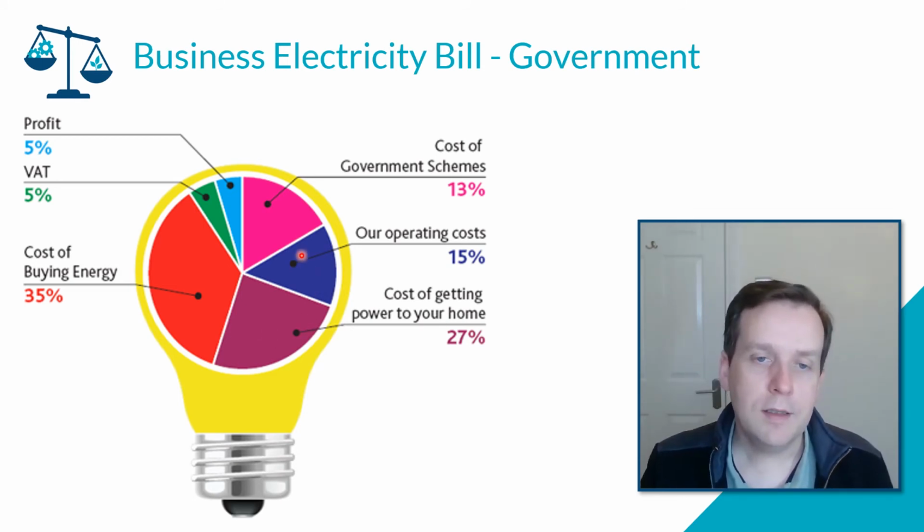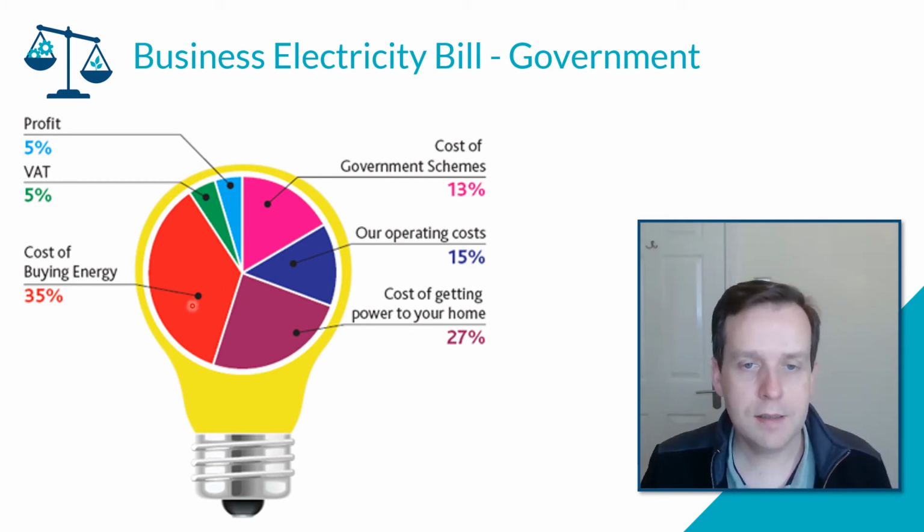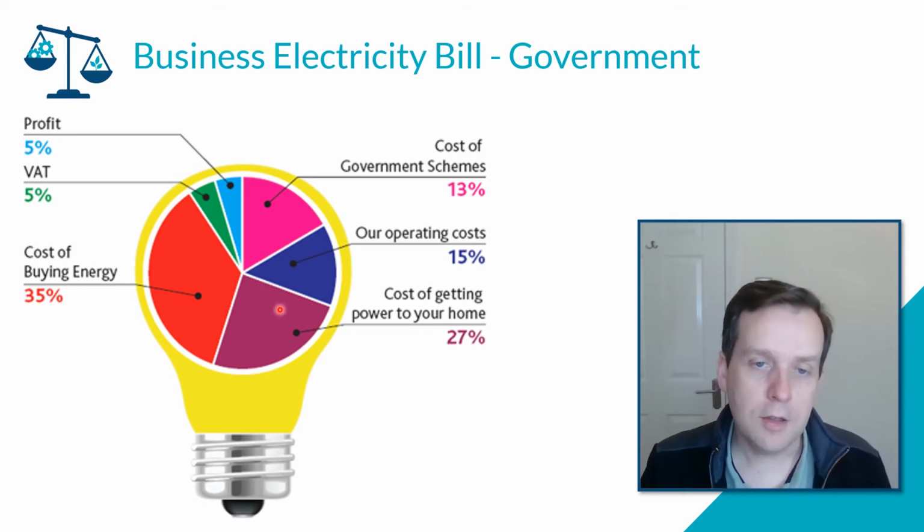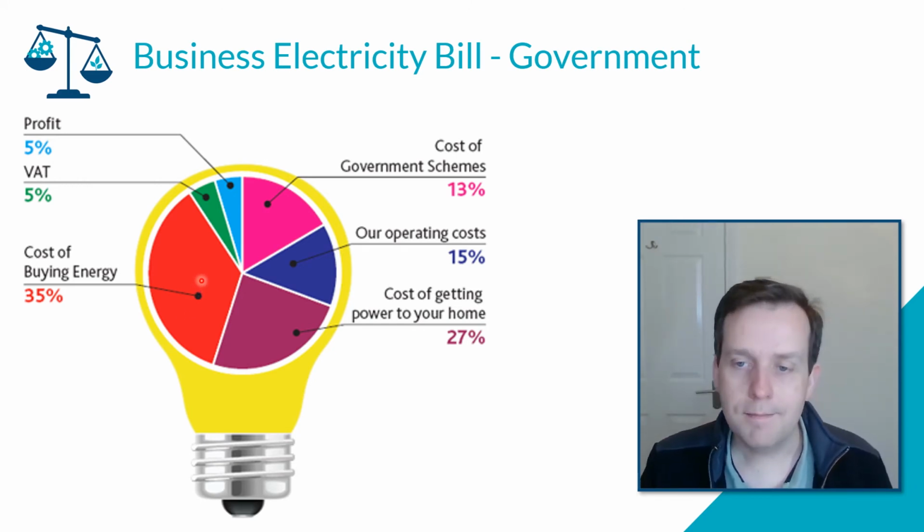So within your electricity bill, the amount you control is about half, because this is related to the amount of kilowatts you use, and this is related to the amount of kilowatts you use. So you need to consider moving electricity use and just energy efficiency.